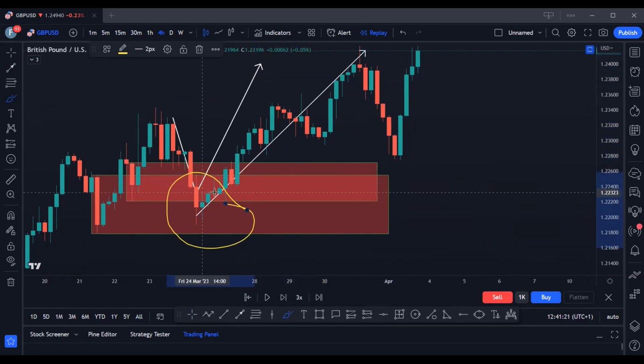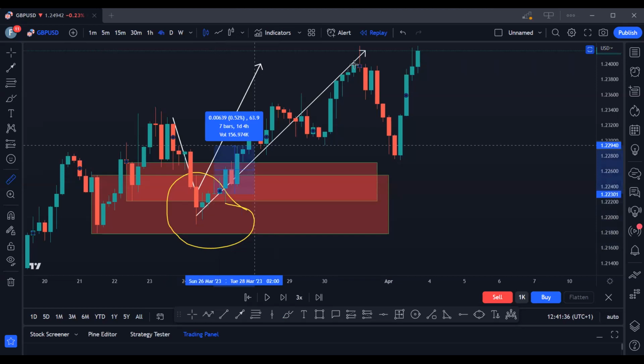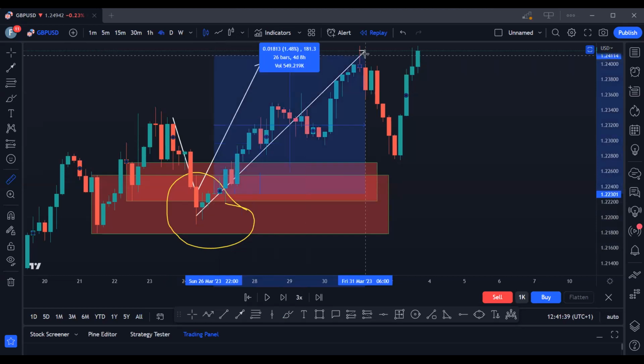So if you had a trading strategy, an entry system, you could have found a very good entry inside the zone, and then you would have made profits from here. So let's say you picked an entry somewhere here, for example, from here to here, a potential of 183 pips, right?